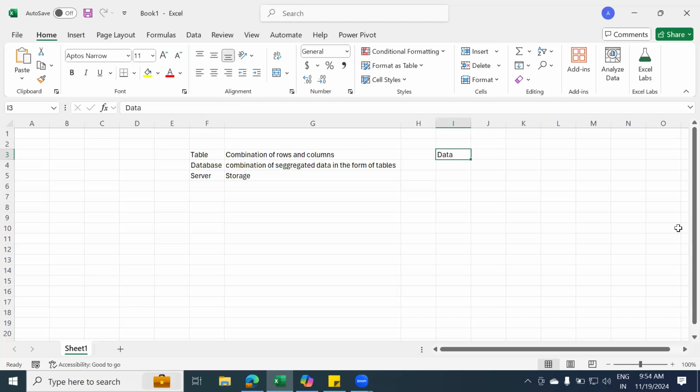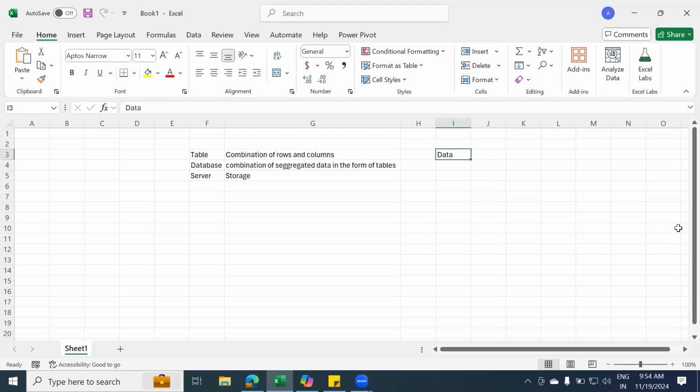Data means whatever the data is, it may be segregated or non-segregated. You can call it data. What do you mean by segregated and non-segregated? Arranging in a proper manner.